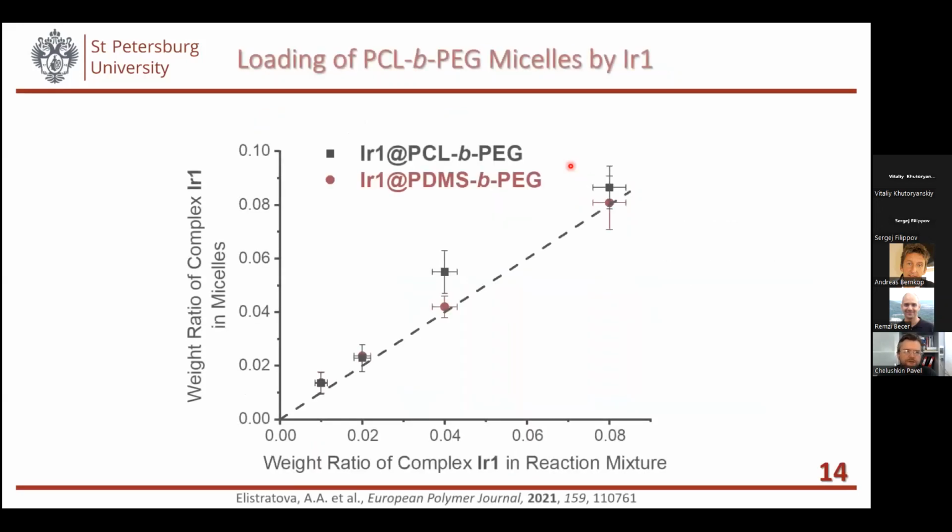Further, we turned to the process of loading complexes into the micelles, and usually we observed almost 100% effectiveness of loading. So if you take 8% of complex compared to block copolymer, you also get a phosphorescent micelle loaded with 8% of complex.